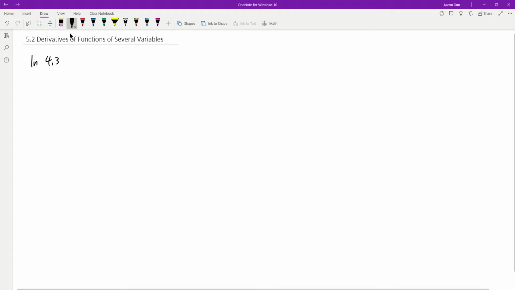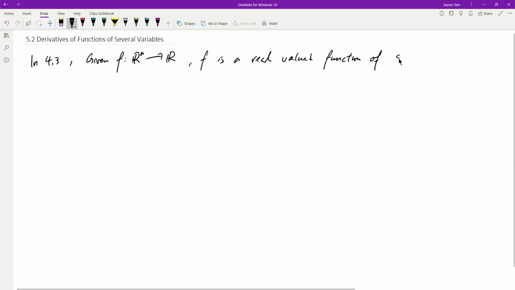So in 4.3, we learned that when we're given a function f that maps from Rn to R, f is a real-valued function of several variables.